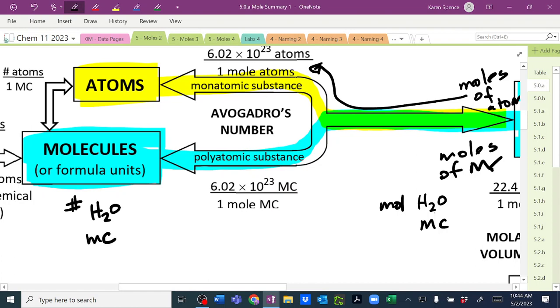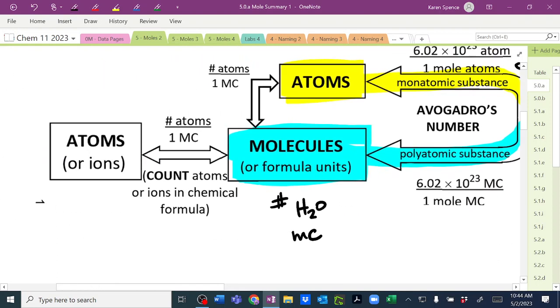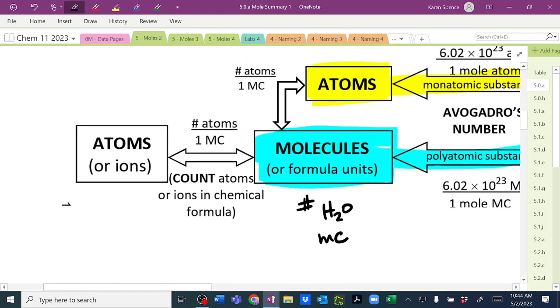We start with moles of molecules and then convert to the actual number of molecules. From there, I could find the number of hydrogen atoms, because there are 2 hydrogen atoms in every 1 molecule. So that would be a 2-step problem. Okay, we're going to go over this again and again. This right here, that is the particle ratio.